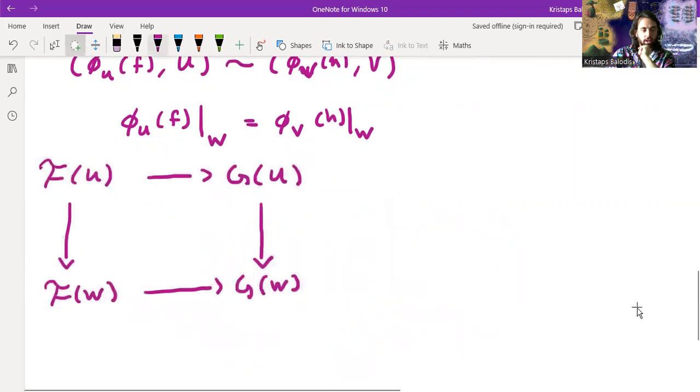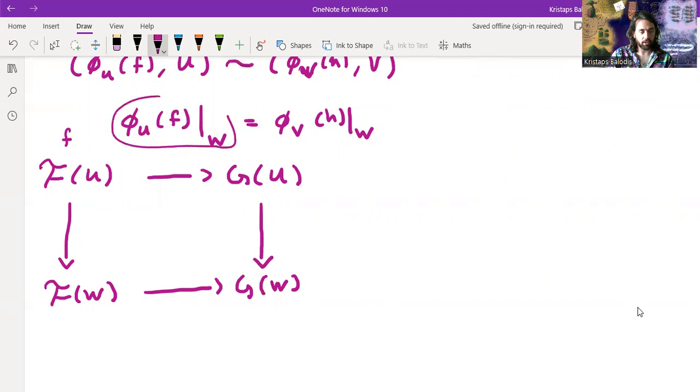So I consider this diagram, and over here I've started with F here. What's happened is I've first applied phi at U to F and then restricted. So that's going along this way.